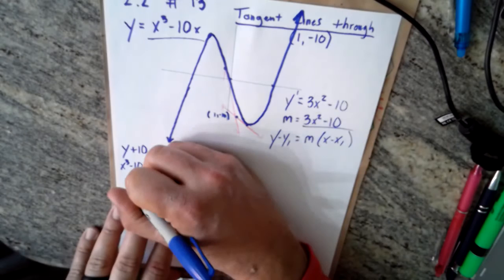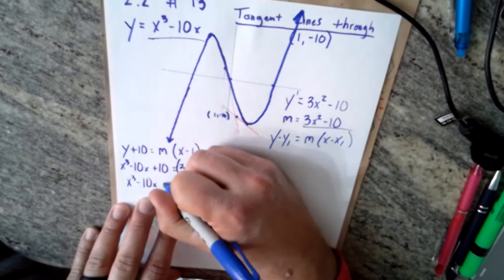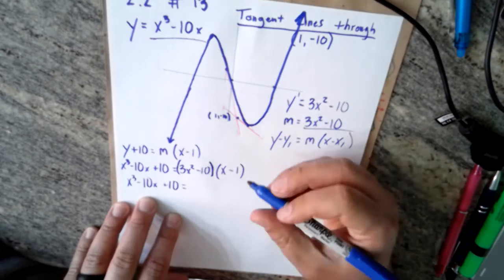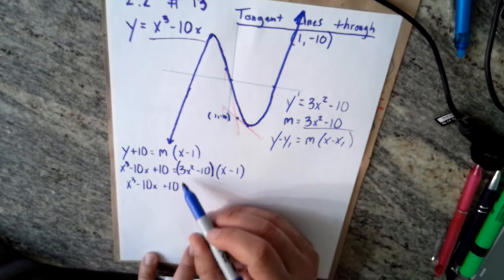Okay, so on this side I get x cubed minus 10x plus 10 equals, and I can tell you from doing a lot of math, this seems like a total pain in the butt, but it usually works itself out. Not always, but check out what's about ready to happen.